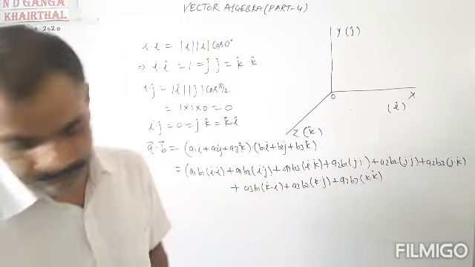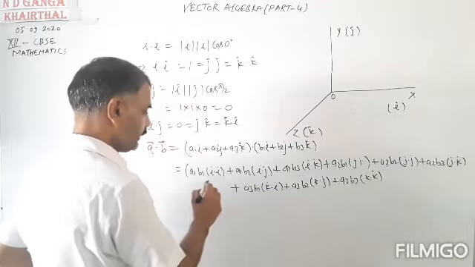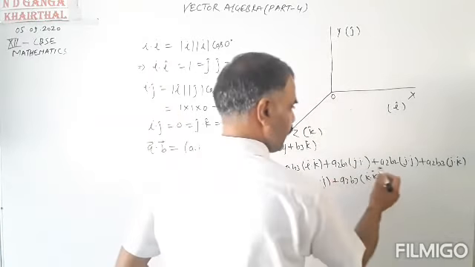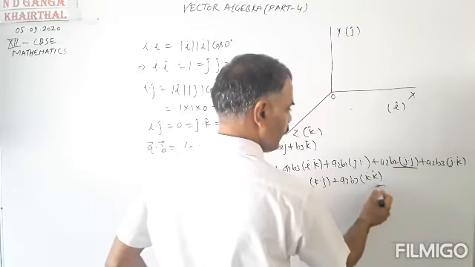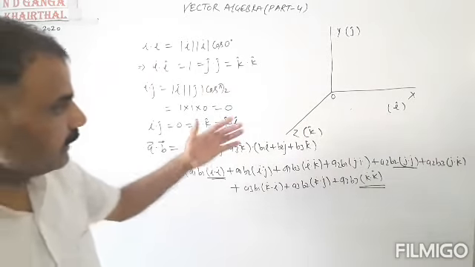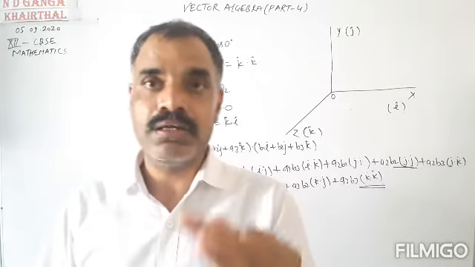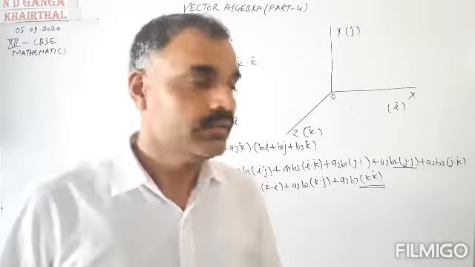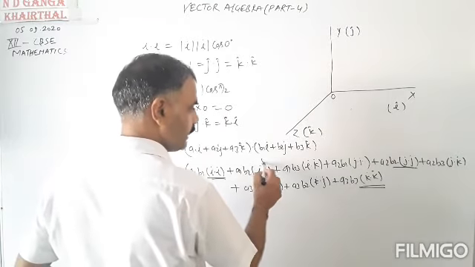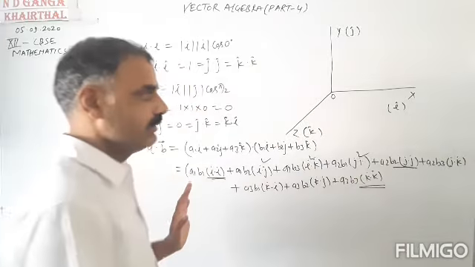Now we know that i cap dot i cap equals 1, j cap dot j cap is equal to 1, and k cap dot k cap equals 1. So the underlined values are 1, but i cap dot j cap and all the remaining terms are 0.